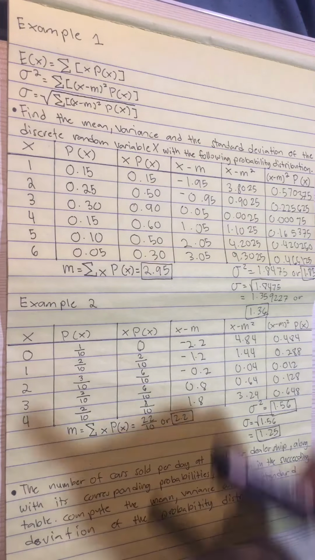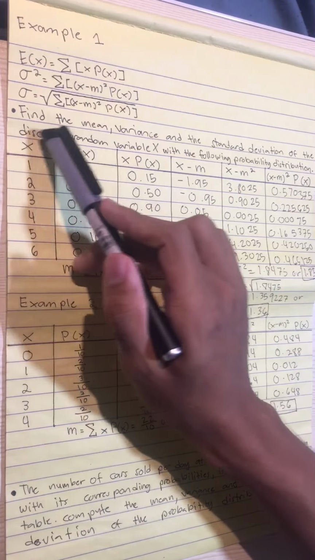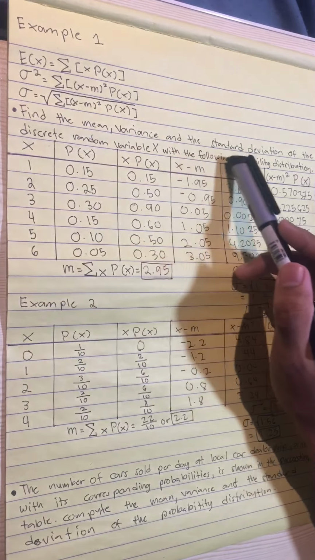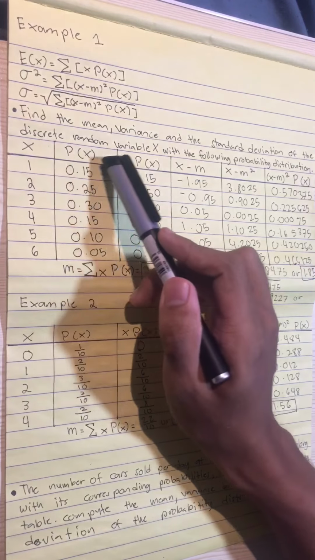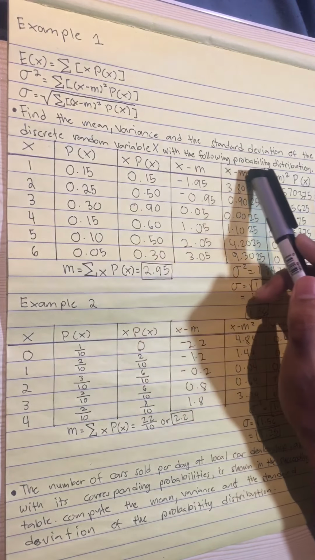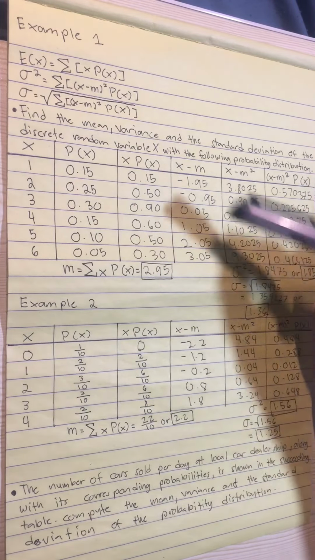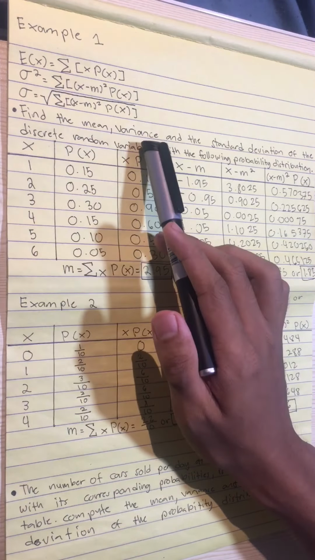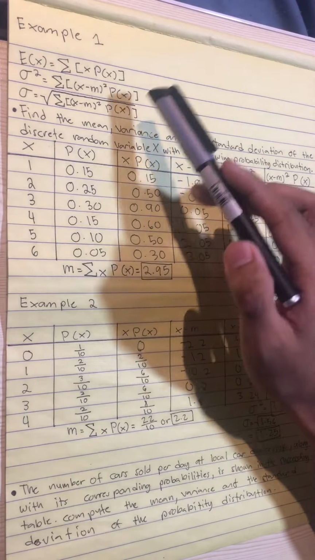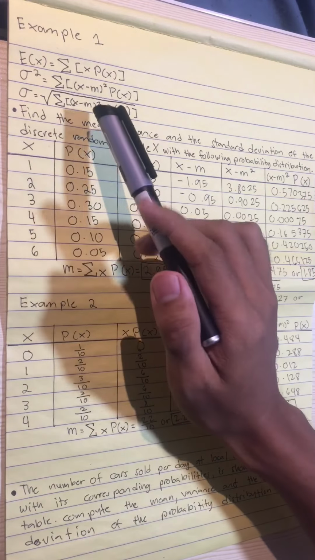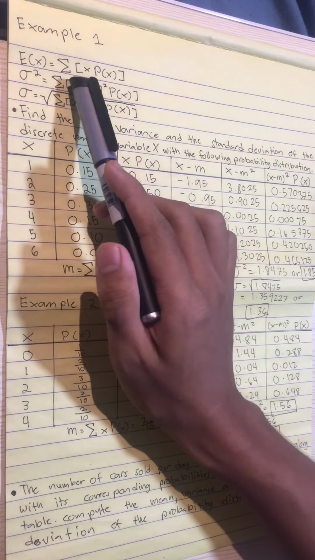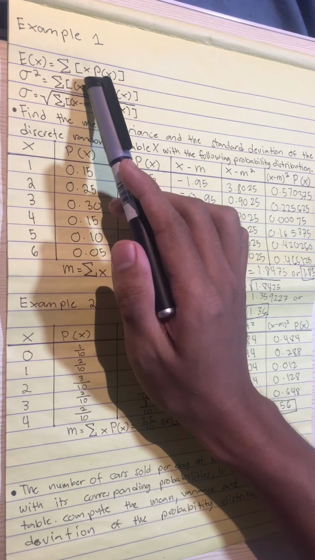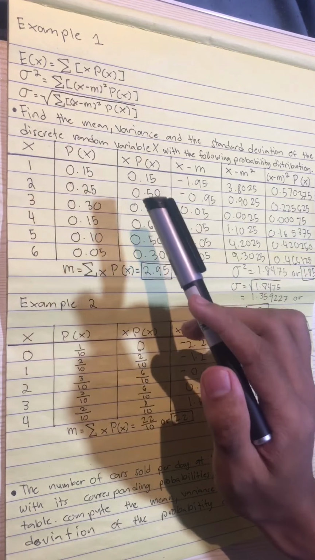On to our first example. Find the mean, variance, and standard deviation of the discrete random variable x with the following probability distribution. Right here, we have the formulas. First, the mean is the summation of x times p of x.